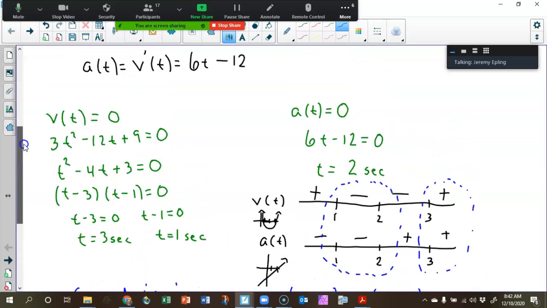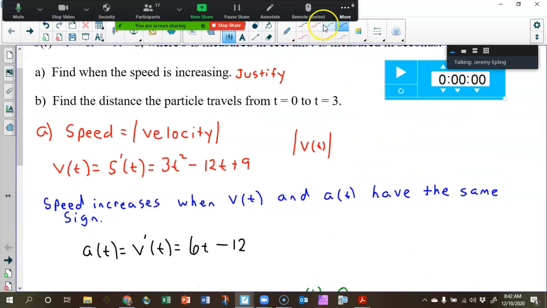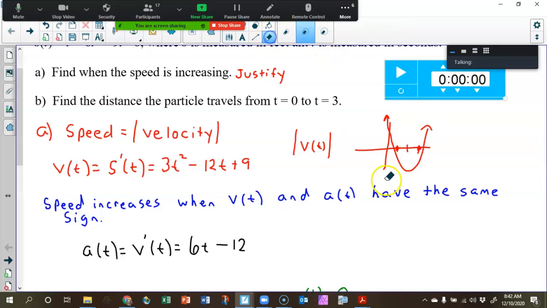Now, if you wanted to draw yourself a little graph, you could have sketched out your velocity. That's still going to need to know those x-intercepts at 1 and at 3. Now, that would be our graph of velocity. The absolute value would take all of that portion that's negative and reflect it over the x-axis.